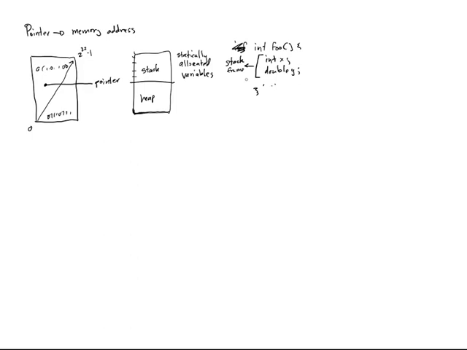So the stack frame is the info for the function call. This gets put in the memory area referred to as the stack.